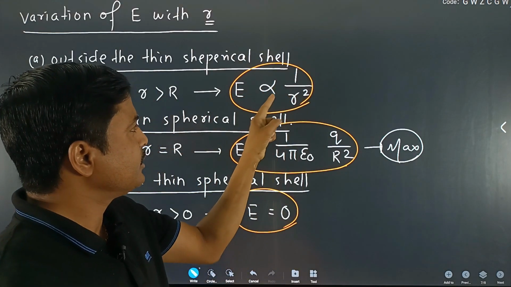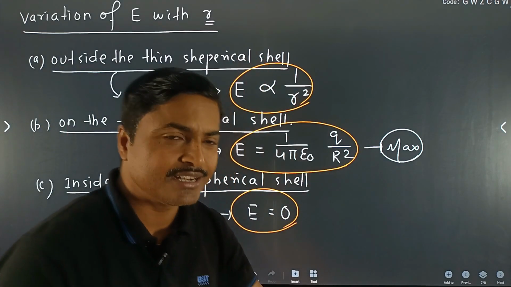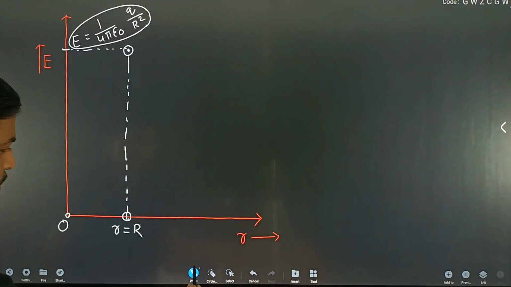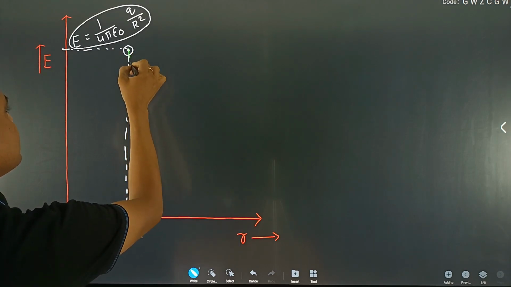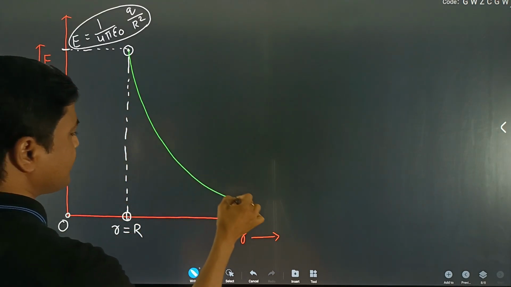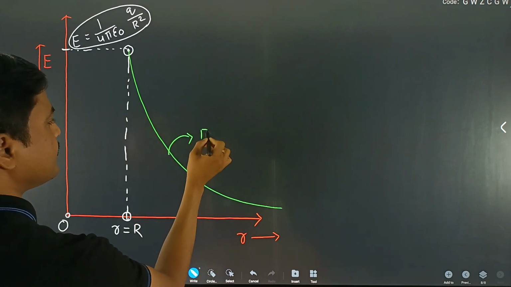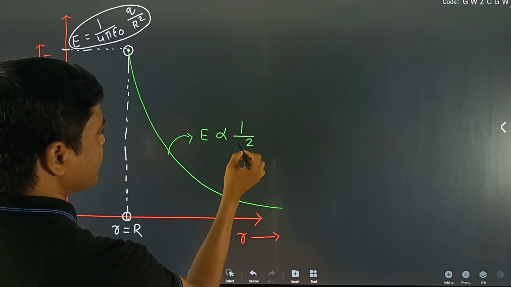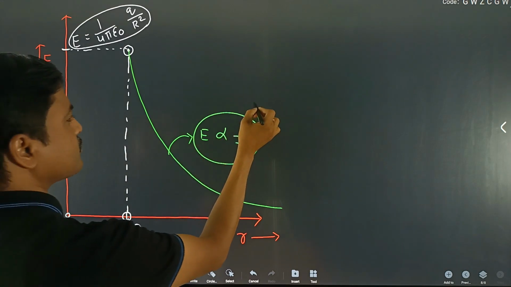That means if we increase the distance, electric field gradually decreases, and this graph is for the outside.